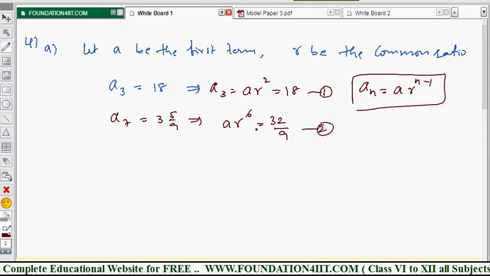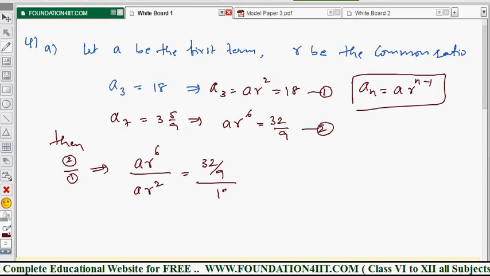Now using both, let us find out the common ratio first. Whenever you get like this, you should divide the second equation by the first. So by dividing equation 2 by 1, we get A into R power 6 by A into R to the power 2 is equal to 32 by 9 divided by 18. Let's take this separately. Numerator is 32 by 9 and denominator is 18.